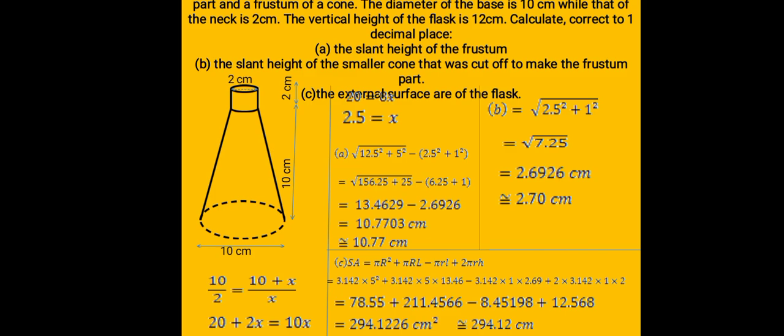Now we know pi, we know r is 2 centimeters, we know l, we had gotten the slant height to be 2.5. So if you do that, you'll get it. You get the slant height of the smaller cone to be 2.7 centimeters.